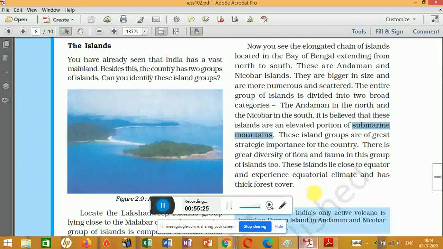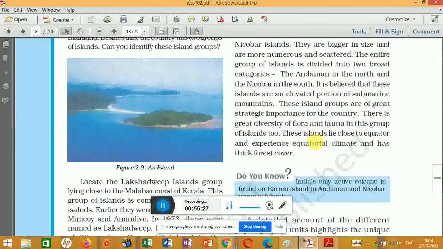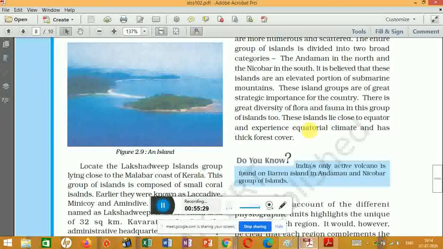These island groups are of great strategic importance for the country, and there is great diversity of flora and fauna in this group of islands too. So many plants and animals are there in the Andaman Nicobar Islands.